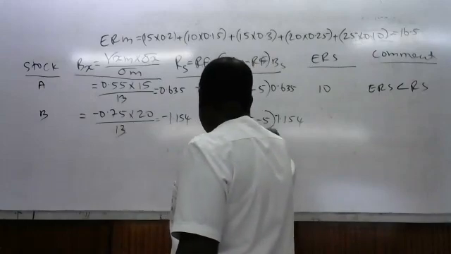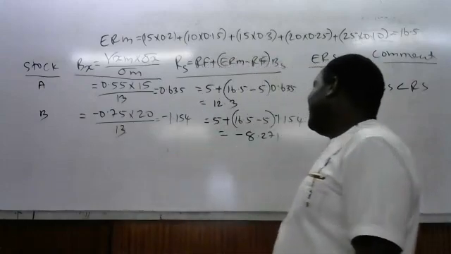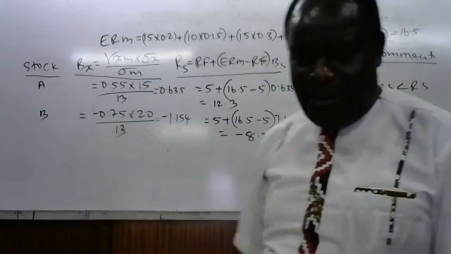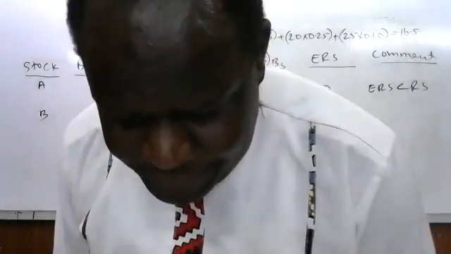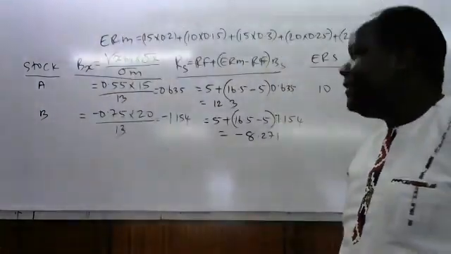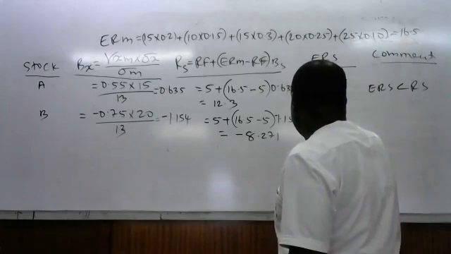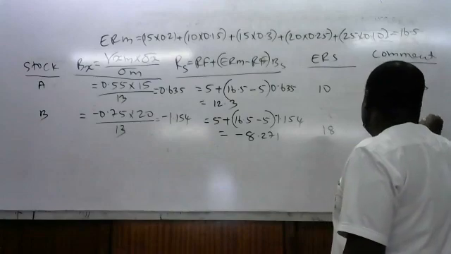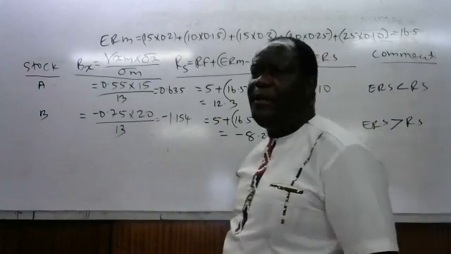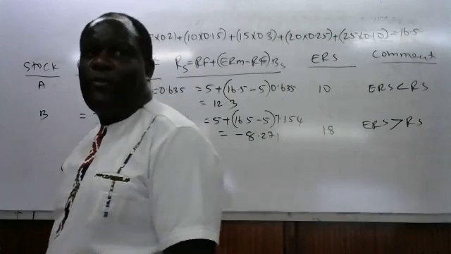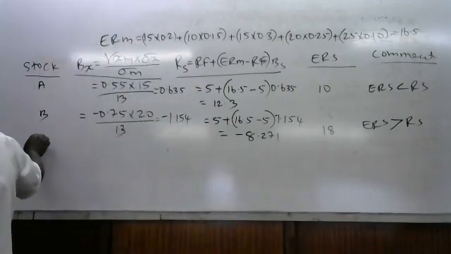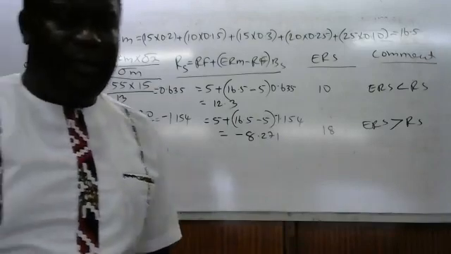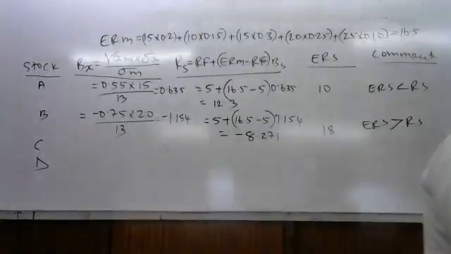So it was super efficient because the expected return you are given is which figure? 18. So the expected return of the security is greater than the required return. So it is super efficient. So do the same for C and also D.